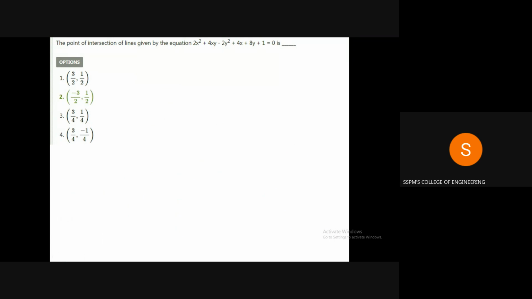The point of intersection of lines given by the equation 2x square plus 4xy minus 2y square plus 4x plus 8y plus 1 is equal to 0. The standard form of lines is given by this.